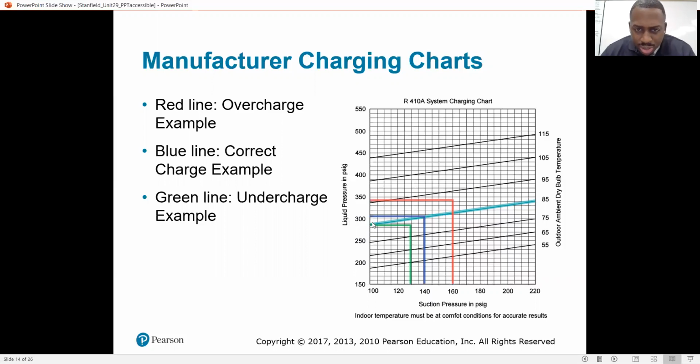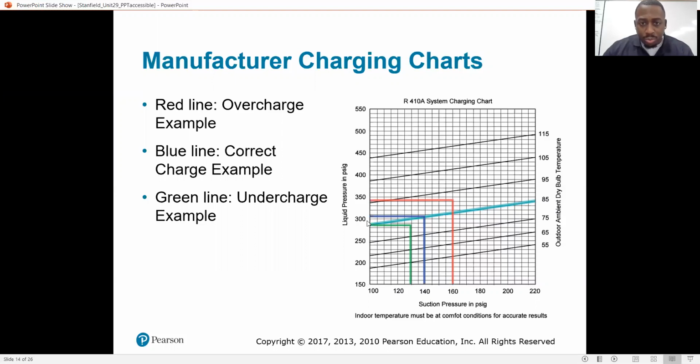Your liquid pressure is about 275 and your suction pressure is about 130, then your charge, let's go over here, and your outdoor ambient is about 85. So if your outdoor ambient is 85, your liquid pressure is about 375 and your suction pressure is about 130, then you're looking good. That's where you want to be.